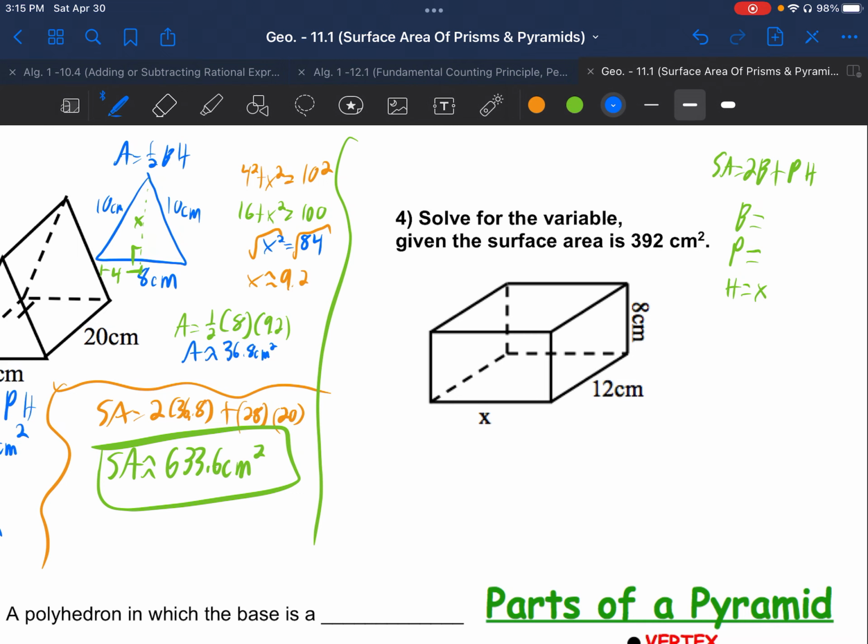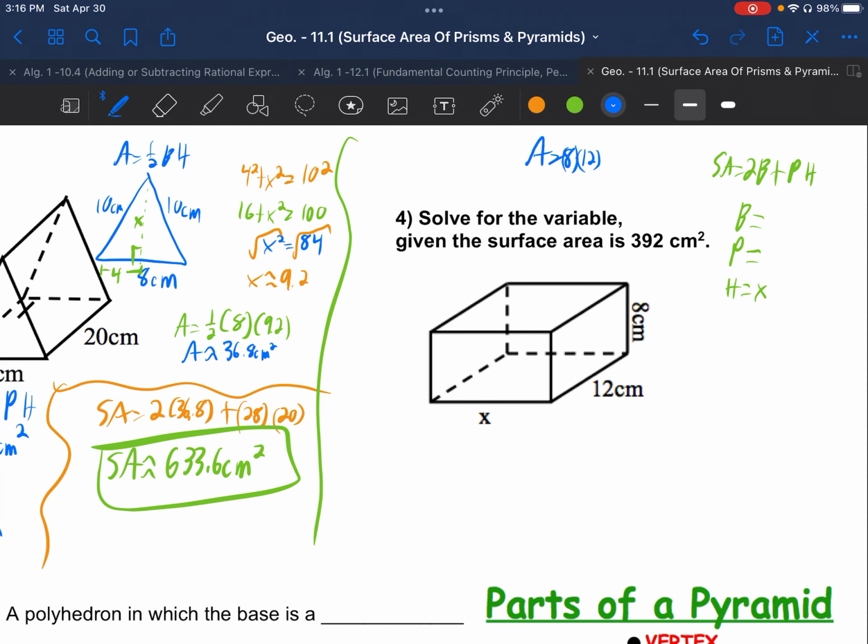So what we'll call the base then is this side, or this side. Actually, excuse me, not that second side, because that would still be involving the x. I misspoke there. So the area of this base would be 8 times 12, because it's length times width.